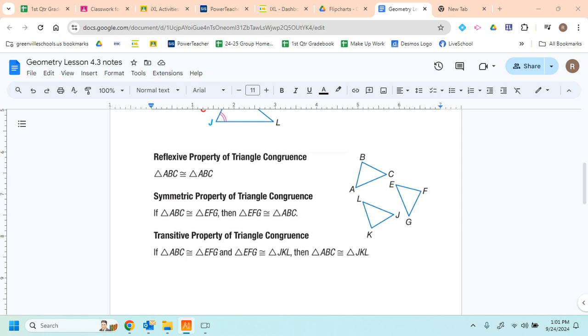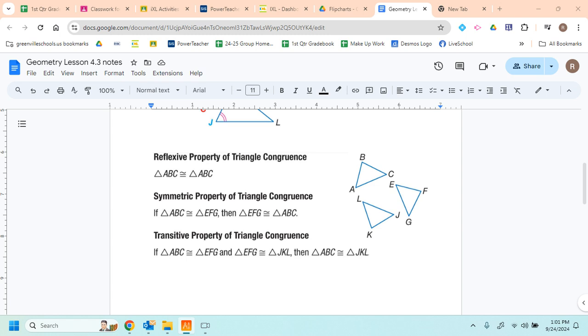BC, right here, has that, so BC is congruent to KL. And then the very last one, AC, is congruent to JL.